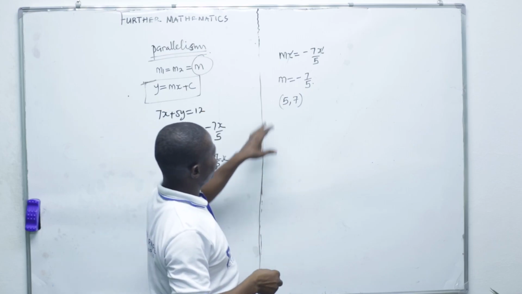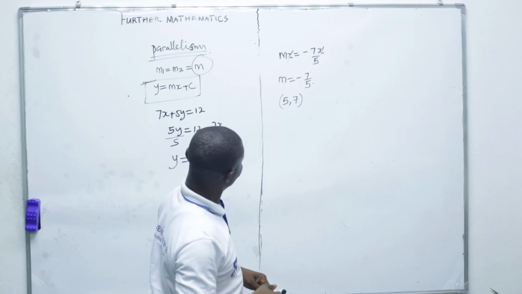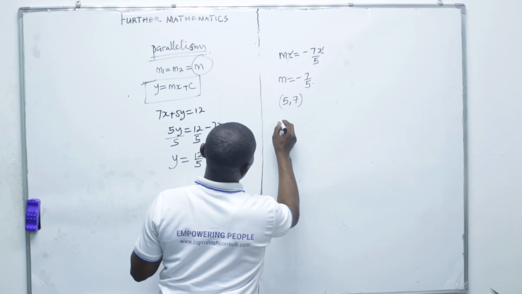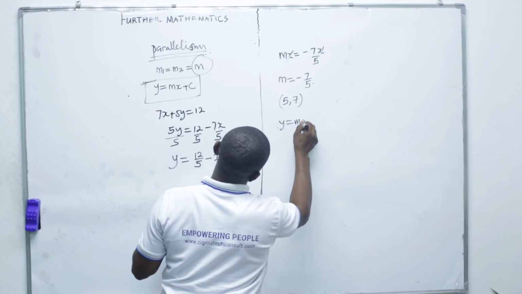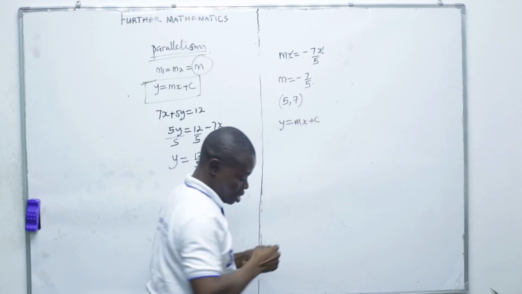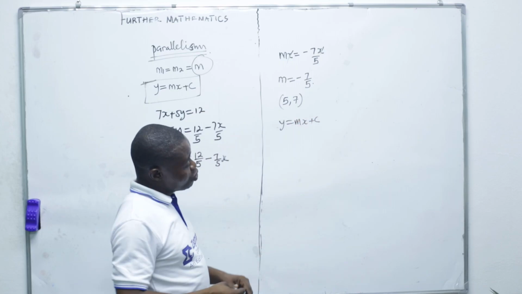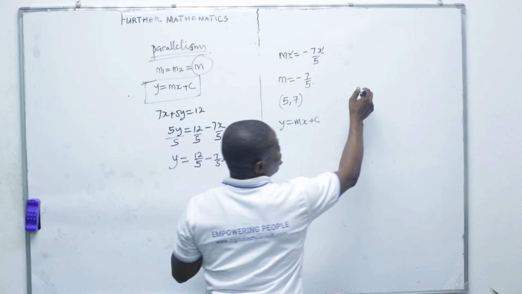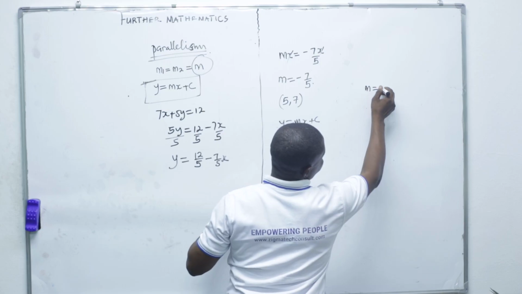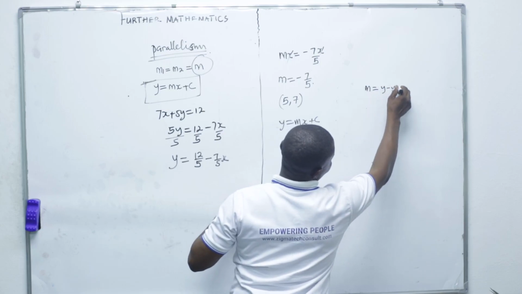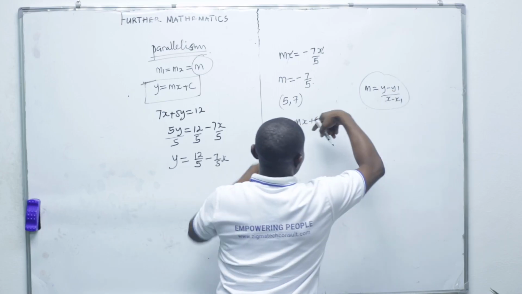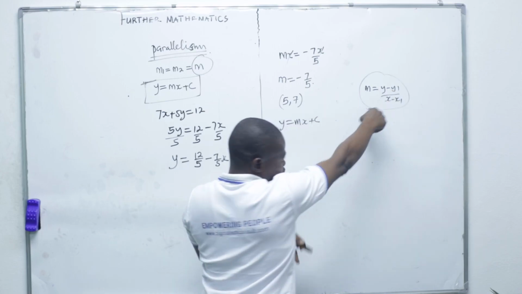So to cap it all, I'll just use y equals mx plus c, because I know you may have seen another method of doing this. You can also solve it like this: m equals y minus y1 all over x minus x1. I will come to this; when I finish with this, I will conclude with it.